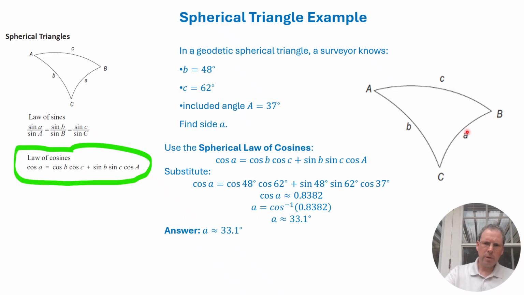Find the side A, and you can use that spherical law of cosines, substitute in the values, and calculate that angle that side makes there, which is 33.1.